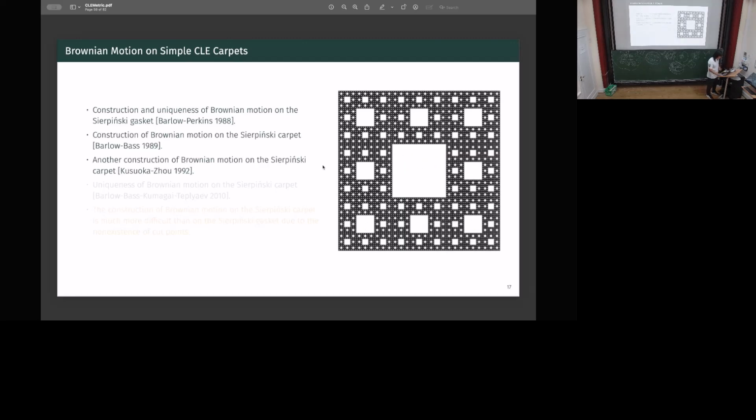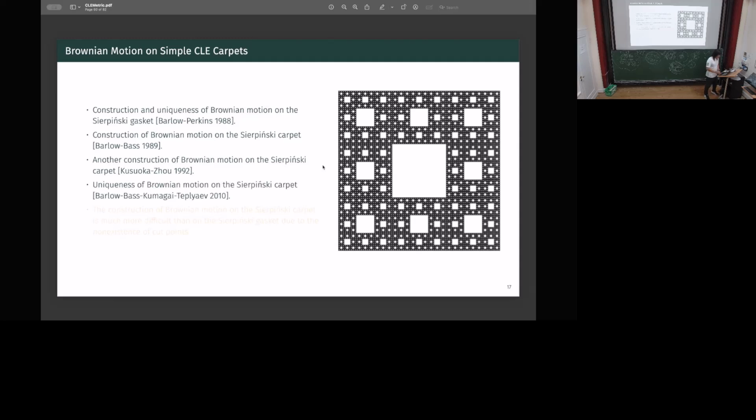And then later in 1989 and 1992, there are also two constructions of the Brownian motion on this Sierpinski carpet. But what they actually do is prove some tightness or some approximations of this Brownian motion in this carpet. But what they do not know is the uniqueness of their subsequential limit, and they also do not know whether these two constructions will give the same object.